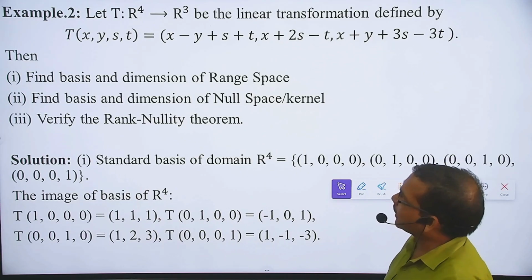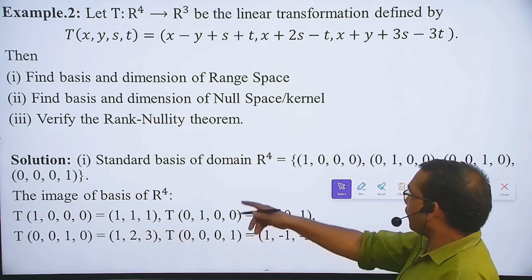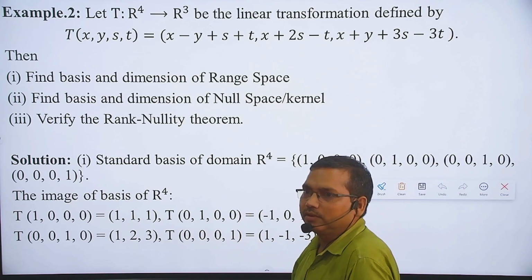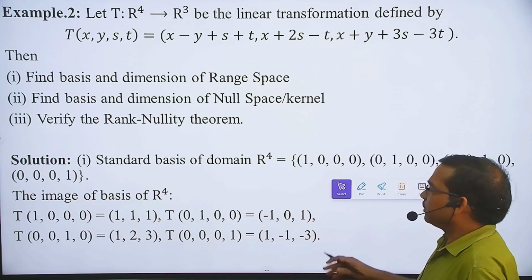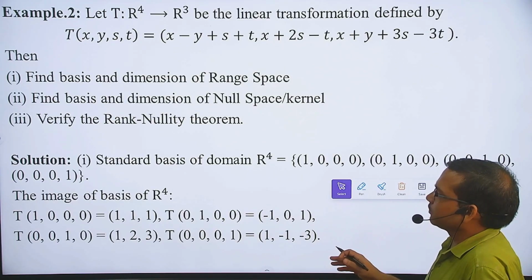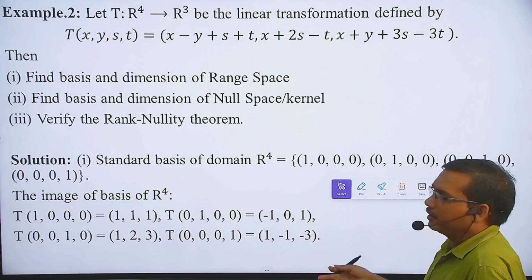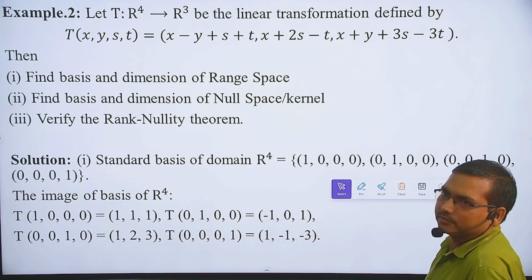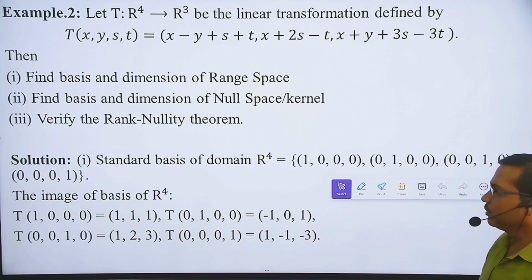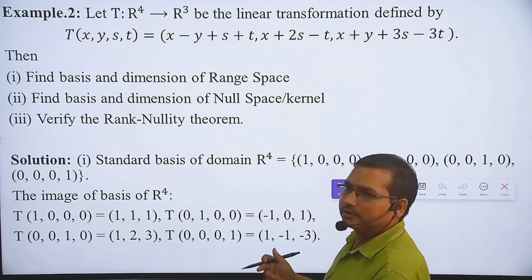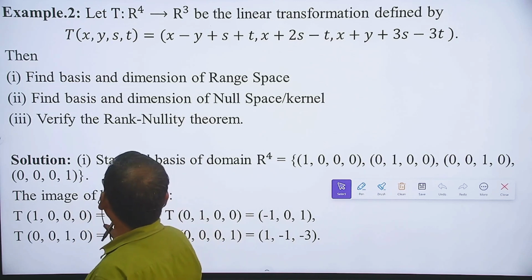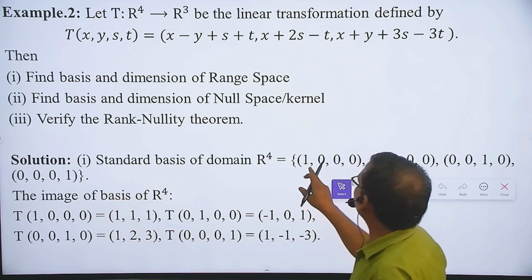For the range space, we take the images of these vectors. The images must be linearly independent and have the spanning property. If they are not linearly independent, we reduce them to a linearly independent set. We take the image of the basis of R^4.